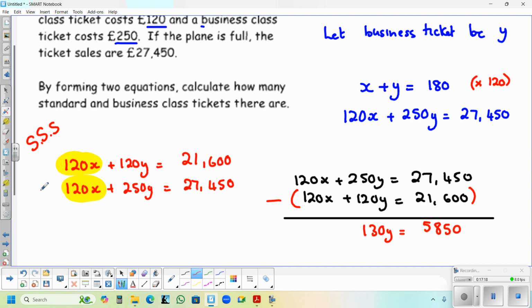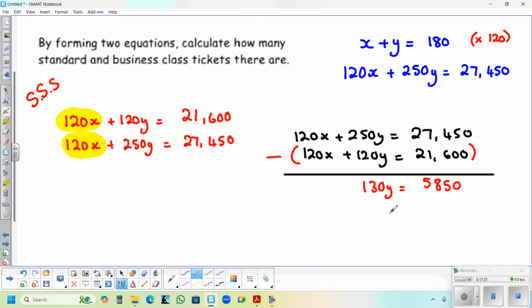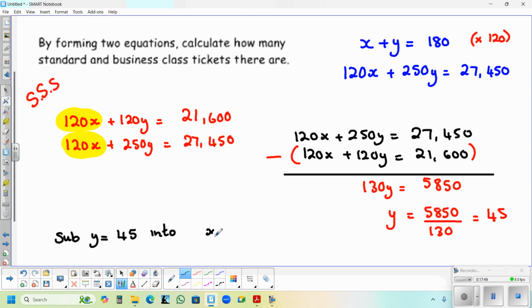I don't want 130 times that, so we're going to divide by 130. So 5850 divided by 130. And when I divide that out, that gives me an answer of 45. Okay, now we want to find x, so we're going to sub y equal to 45 into one of the original equations. The easiest one is x plus y is equal to 180.